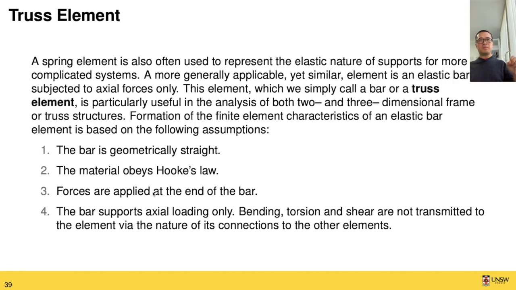Basically, that means the nodes for your finite elements only occur at the ends of this truss element. We don't want an element with any other forces in the middle. That means we have to further subdivide the element into smaller manageable parts. So this is a very important assumption.